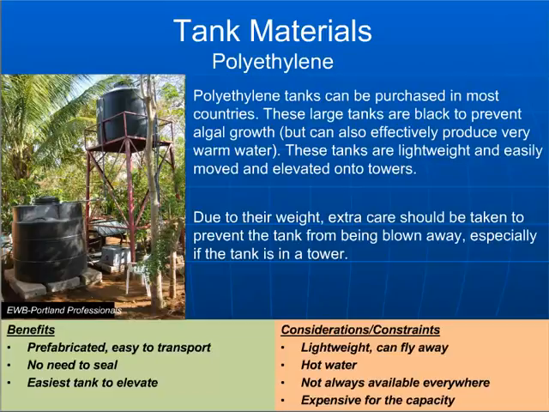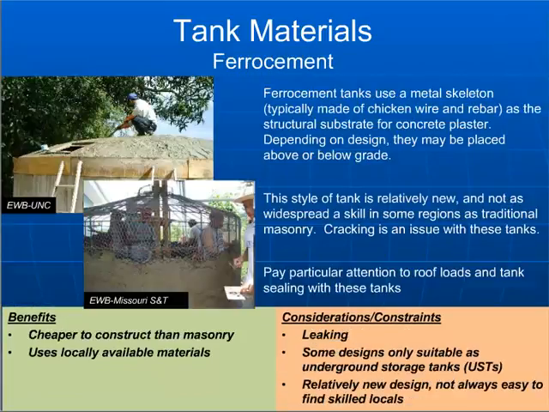The other disadvantage of these tanks is that if they do crack after a period of time, they can be difficult to repair. So if a masonry tank cracks, there's a good chance that somebody's going to be able to fix it. If a polyethylene tank cracks, there may not be anything that can be done other than replace the tank. So that's another important consideration.